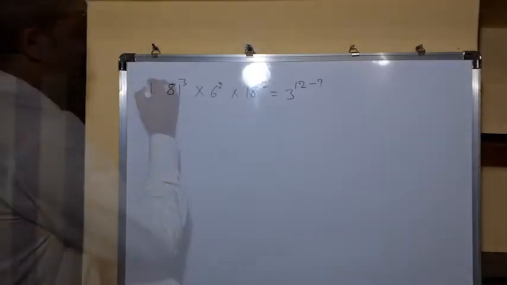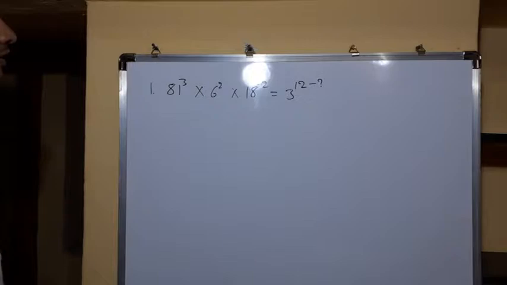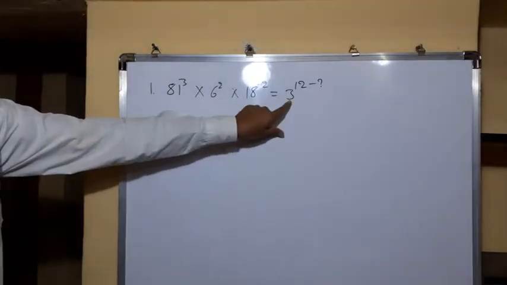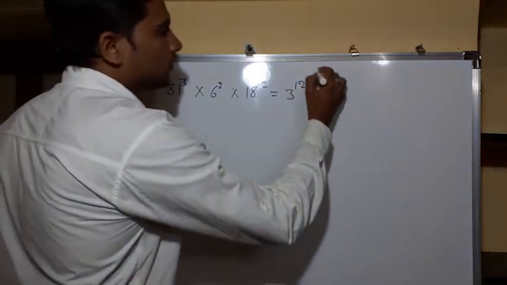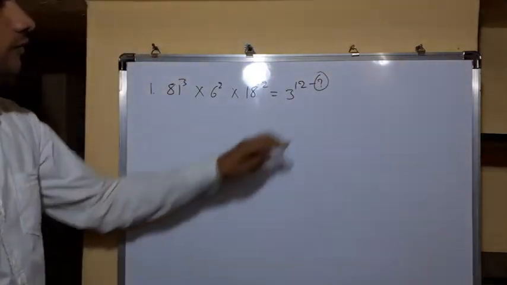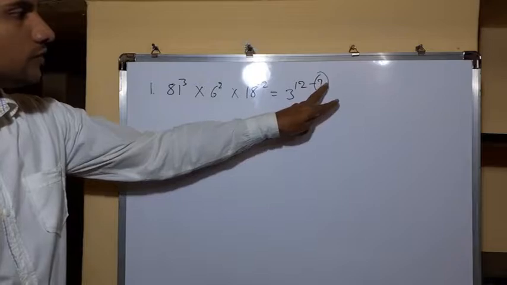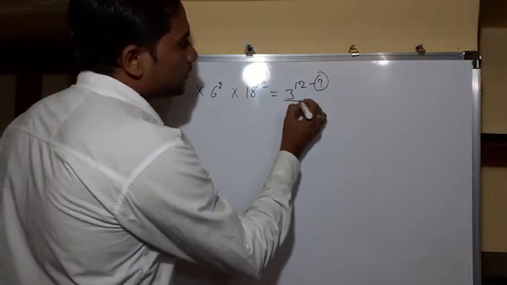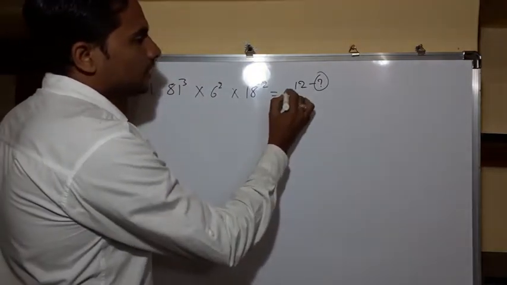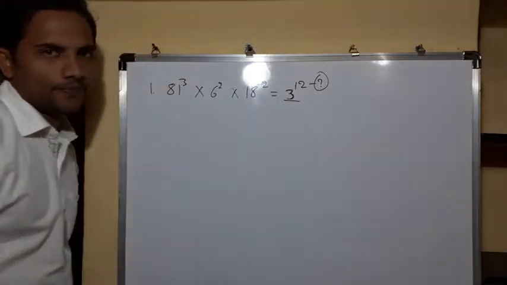So this is the first problem, friends. He is asking us to find 3 raised to 12 minus question mark. He wants us to find this question mark. Before proceeding to the solution, first observe the base term. The base term is almost 3.